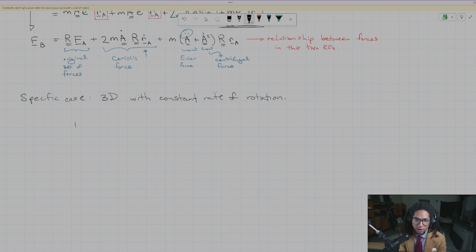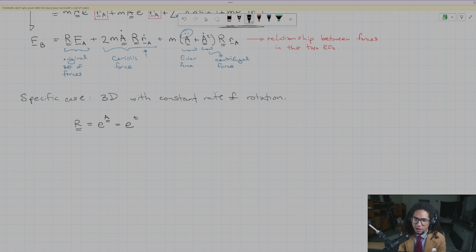If we have a constant rate of rotation, then we have r equal to e to the a, and that in turn is equal to e to the t times some constant thing.